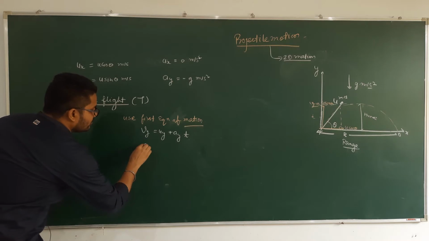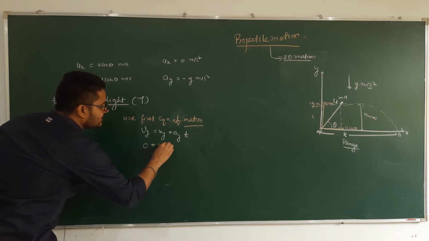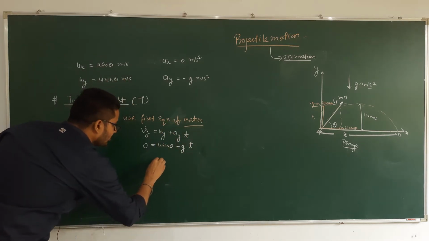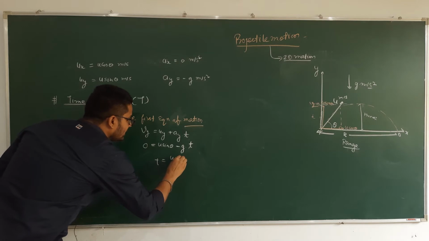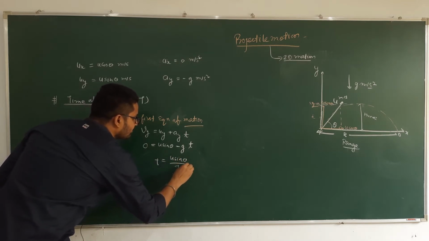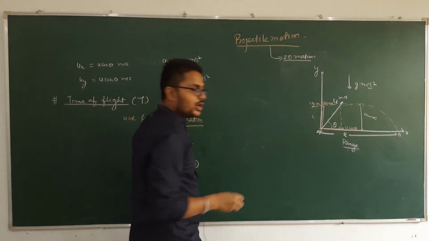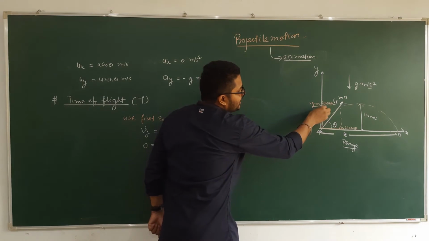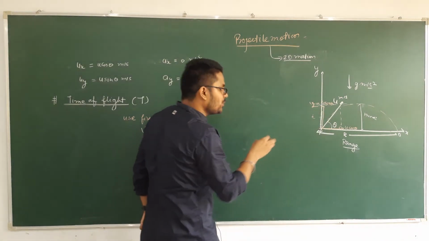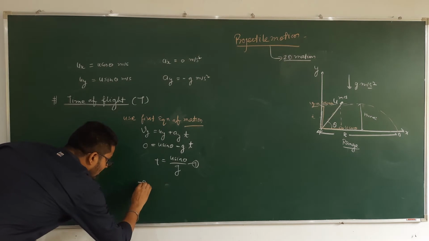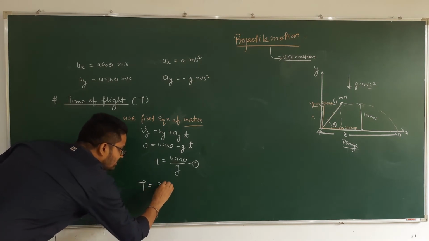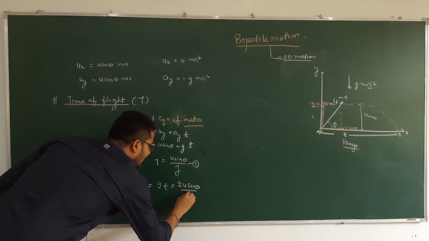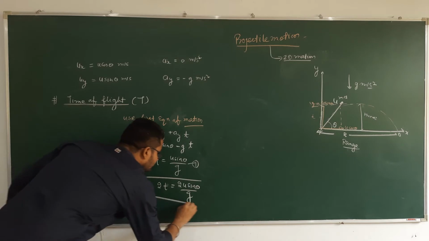So here vy is equal to 0, uy is u sin theta, minus g into t. So t is equal to u sin theta upon g. This is the time to reach the topmost point, and the same time it will take to reach the origin at the bottommost point. The total time of flight is 2 times this t, that is 2u sin theta upon g.